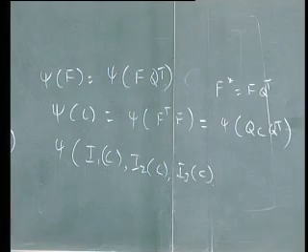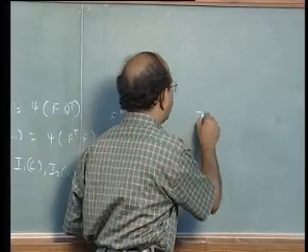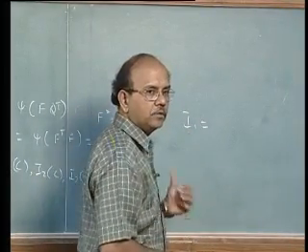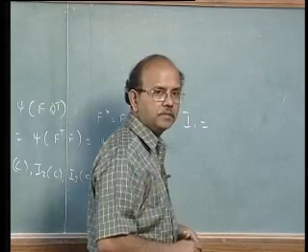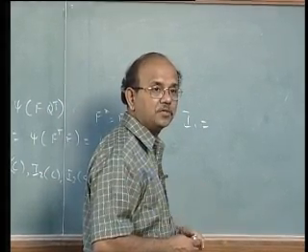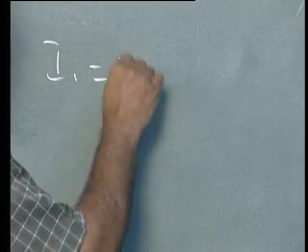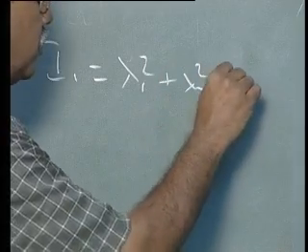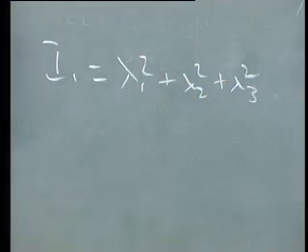They are different for different things. Say I1 is the invariant of C, and if you want to express this in terms of lambda squared, which are the principal values, or eigenvalues, of C, then I1 is lambda 1 squared plus lambda 2 squared plus lambda 3 squared.